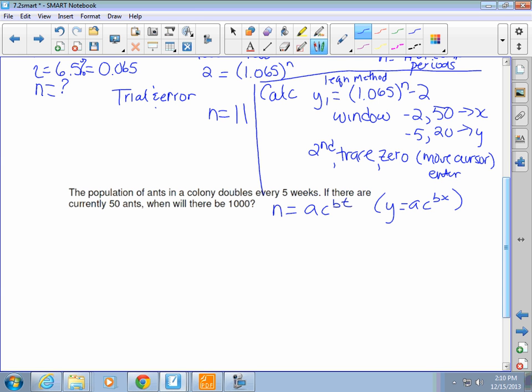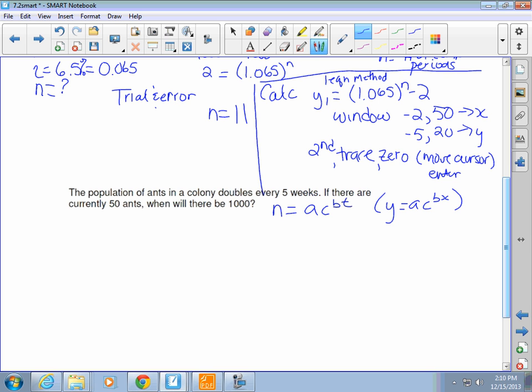But this one, just to manipulate it so it works for this problem, instead of using a y, we're going to use n because we want to find out the number of ants. And then our a, of course, is just going to be our amplitude on the graph. Our c value is the same as it was there. Our b is the power, but that's also going to be what's affecting the curve. And then your t value is just like your x value.